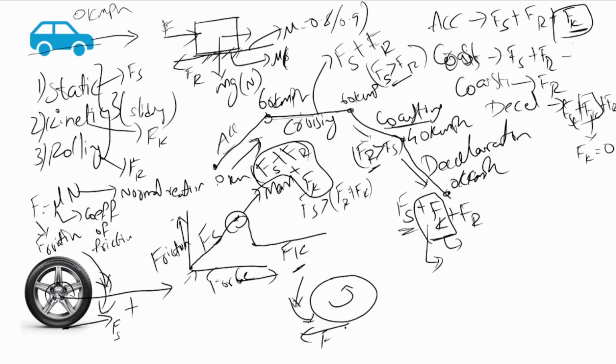That's how in braking, the frictional force is also adding or helping you to make your vehicle stop. So during the acceleration phase, your friction is helping you. During the deceleration phase, your frictional force is opposing you.